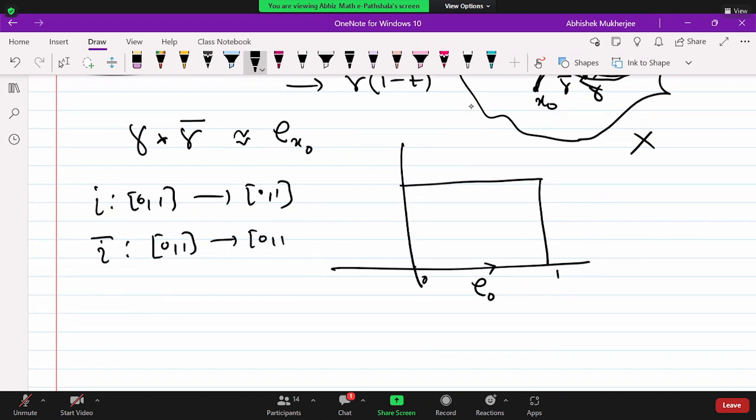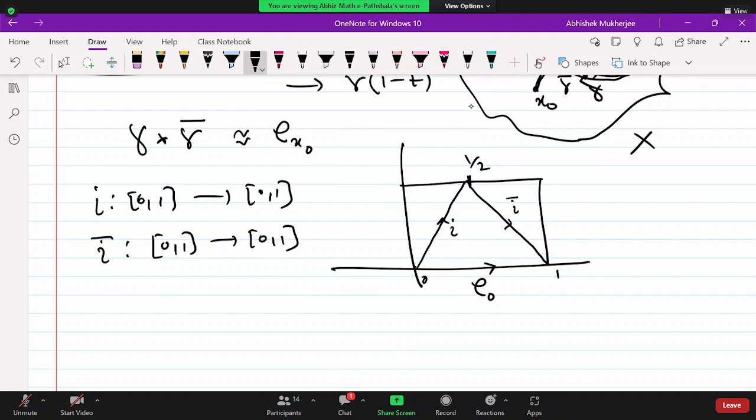Now you want to take the concatenation of this I with I bar. So the graph will be something like this. This is your I. You are going from 0 to half, and then from half to 1, it is I bar.